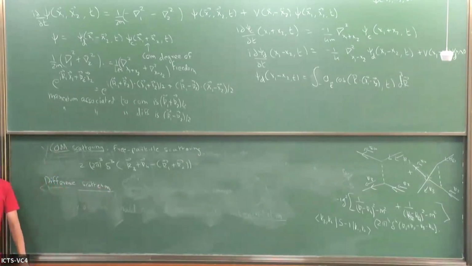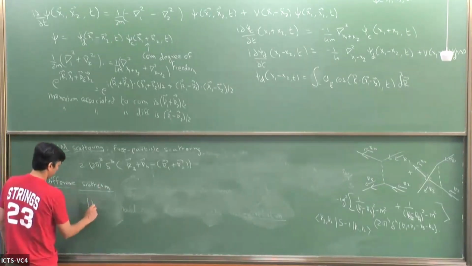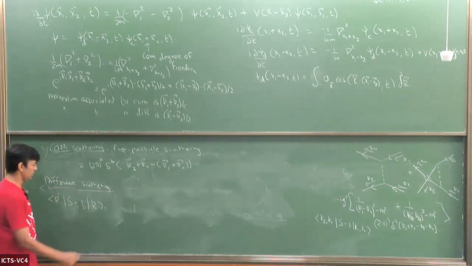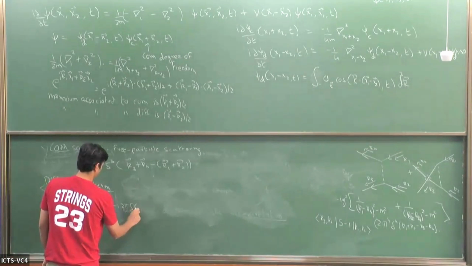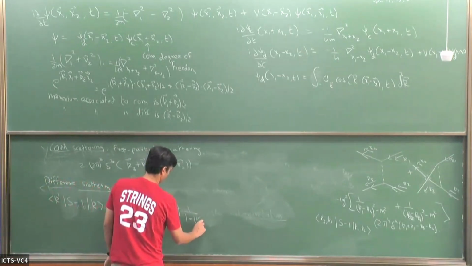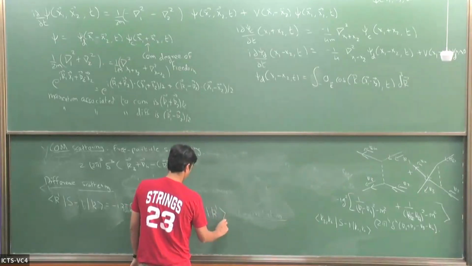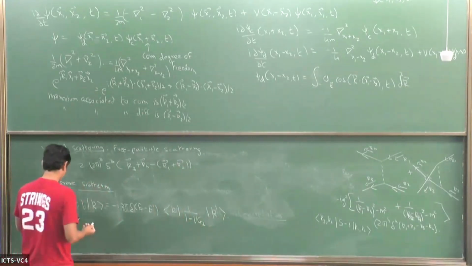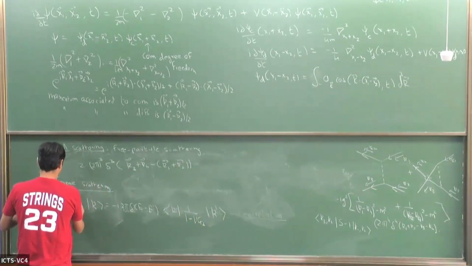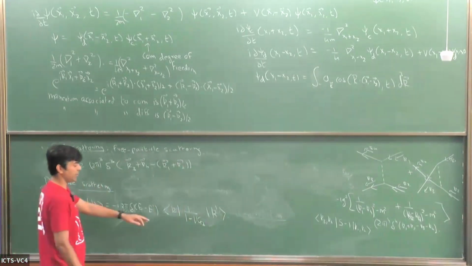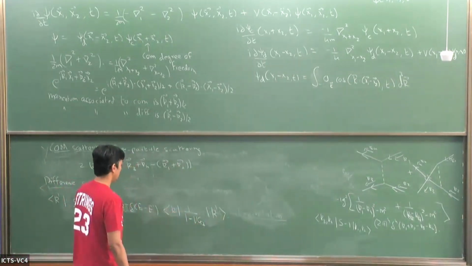I don't know if you are familiar with the general formula for the difference scattering, but the general non-relativistic formula is that ⟨k|S−1|k′⟩ is equal to −i times a delta of E minus E′, times some Green's function that you have to keep track of, and these are the external states.